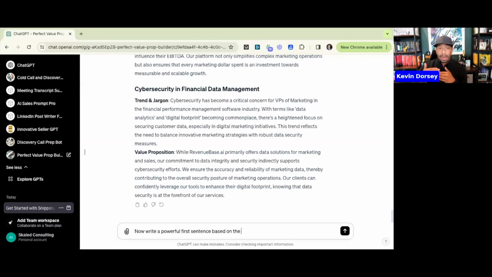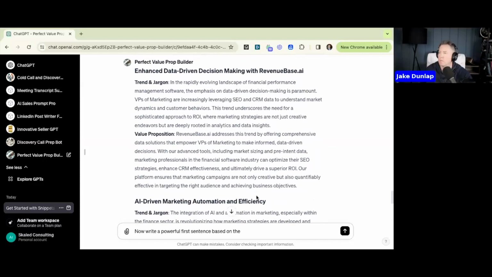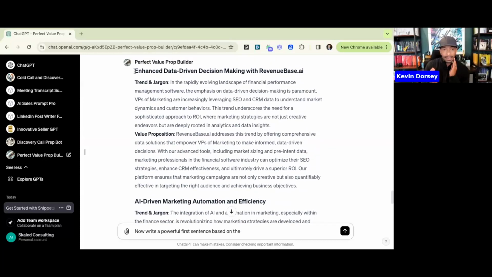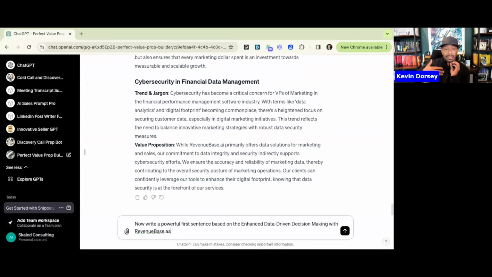Right. So when I'm doing the emails, I don't even say write the whole email. I'm telling it which part of the email I want it to write, and that's when it's a little bit more powerful. So now write a powerful first sentence based on that, a strong enough hook to get them to open the email and want to keep reading. See what comes up here.